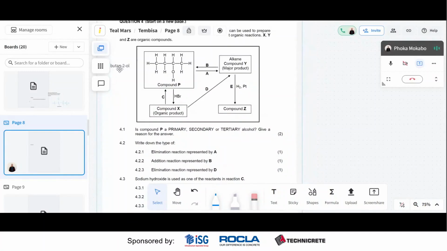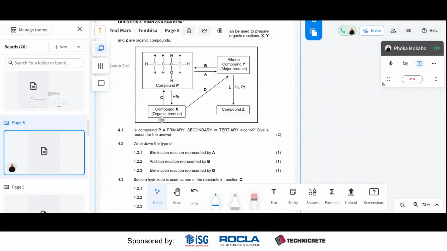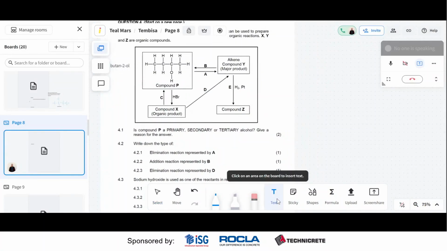Okay, butan-2-ol. Then, compound X is an organic product that we don't know much about right now. Compound Y is at least an alkene, we know that much.